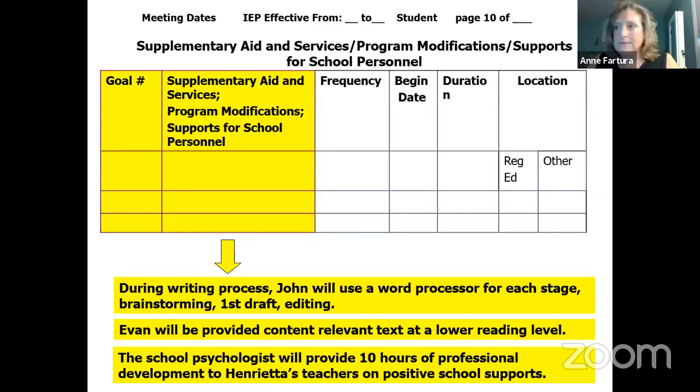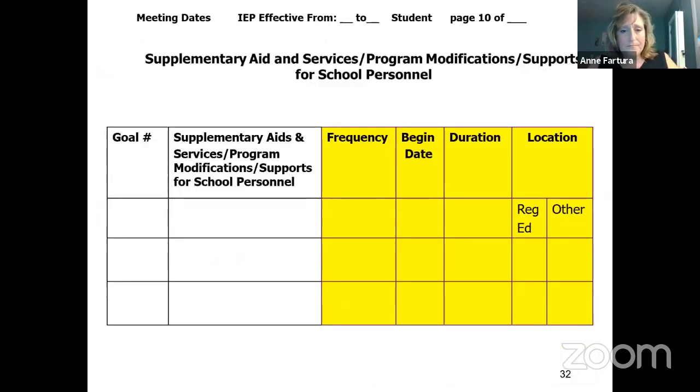The next slide talks a little bit about what I mentioned as far as frequency and duration. Frequency, I'm going to say, is probably the most important point I would like to make here. Very often we see "as needed." One clarification I'd like to make is if we have it here as an accommodation that the student needs, then it's needed. We've already determined it's needed.